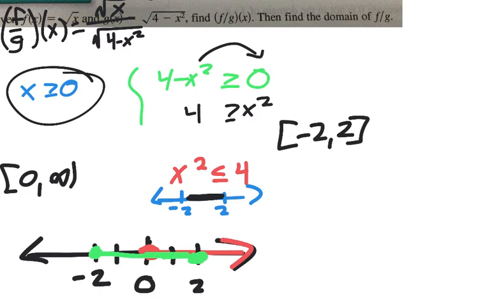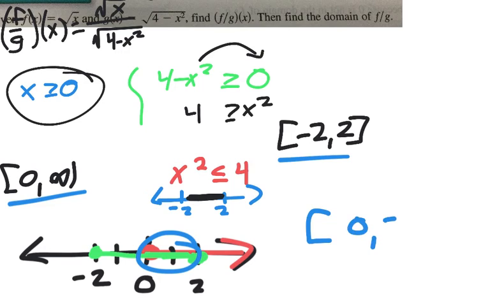So what makes both of those true at the same time? 0 to 2, where they overlap. It satisfies both conditions. From 0 to 2 is bigger than 0, and it's between -2 and 2. So when I combine these two things, that tells me the domain must be between 0 and 2.